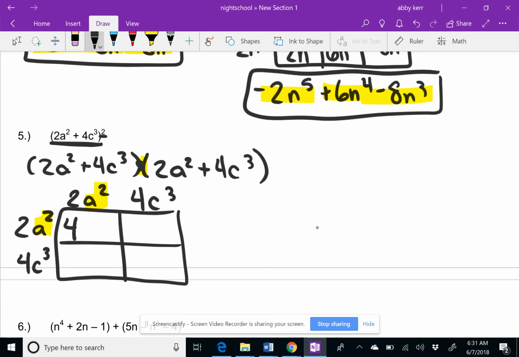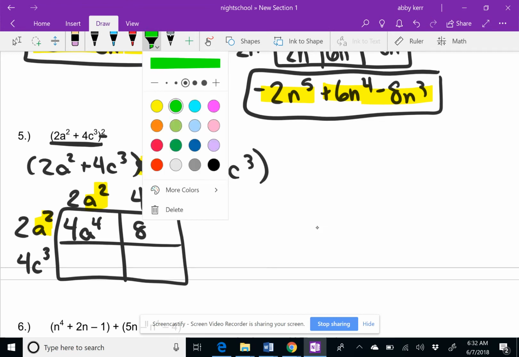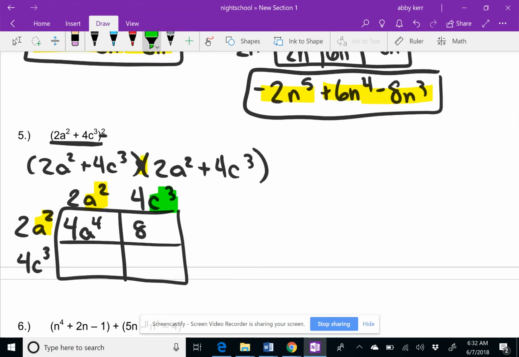So we have the same base, so we can add the exponents. 2 plus 2 is 4. Now for the second column, 2 times 4 is 8, but you have to be careful. We have a squared and we have c to the third. Those are 2 different variables. So what you do, you just rewrite them exactly how you see them in alphabetical order.